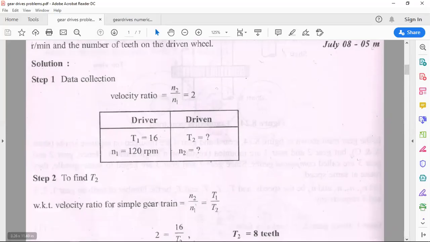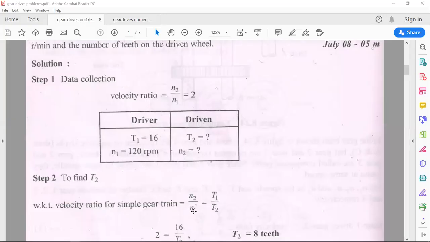So the velocity ratio for a simple gear train is given as N2 by N1, which is equal to T1 by T2. Once you know this equation, substitute all the values. N2 is calculated as 240 rpm, divided by N1 equal to 120 rpm.